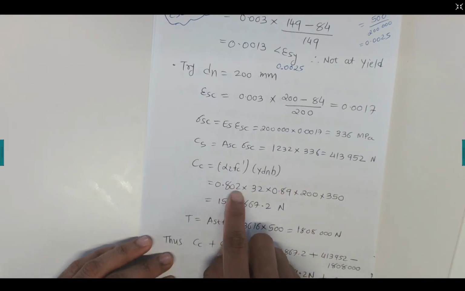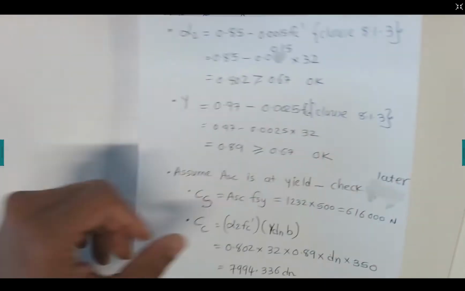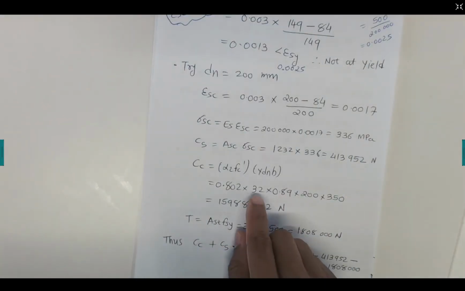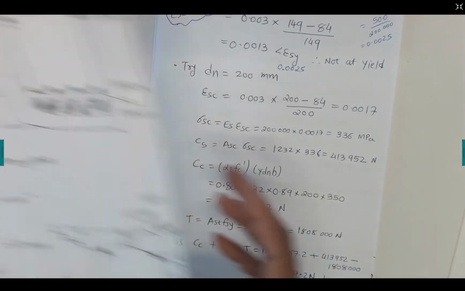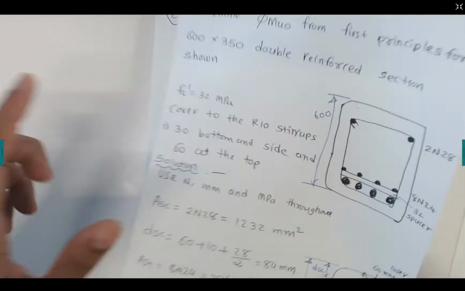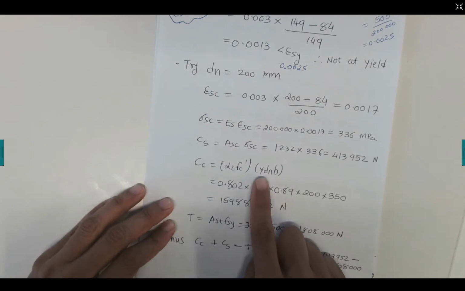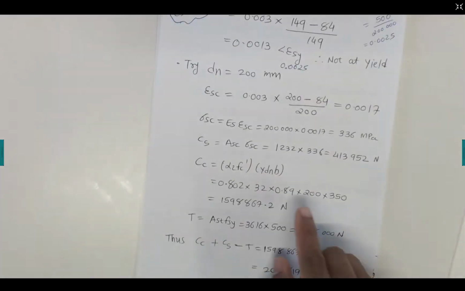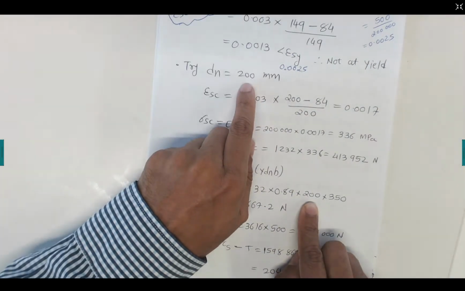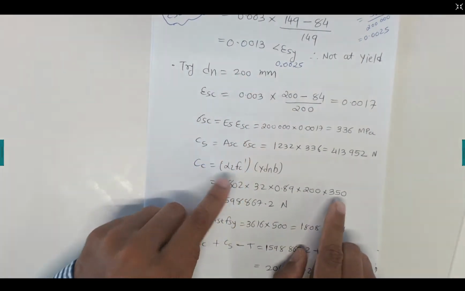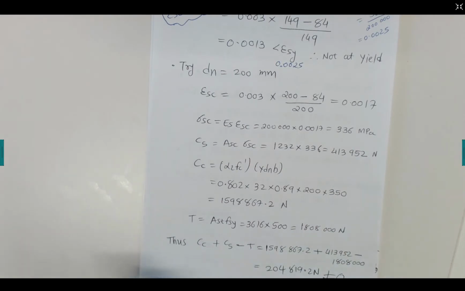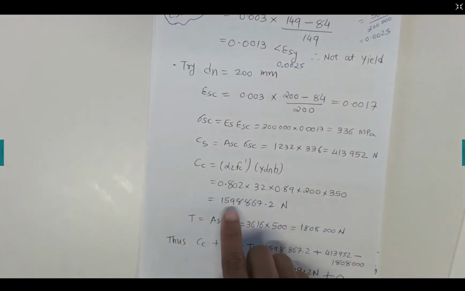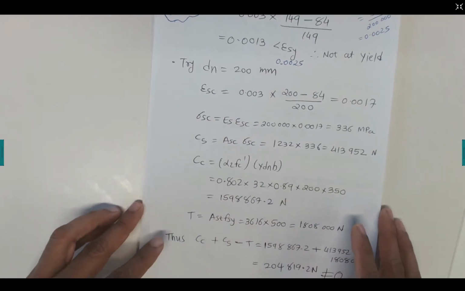Alpha 2 we calculated as 0.802, times fc dash 32, given in the question, times gamma value 0.89, times dn, which is 200 millimeters that we are just trying, times b, which is 350 millimeters, given in the question. That simplification gives this force in newtons.